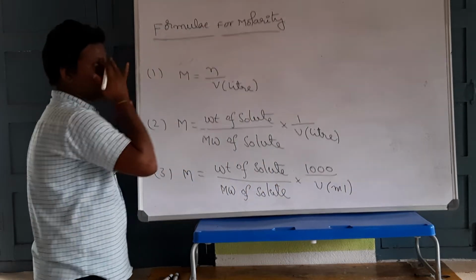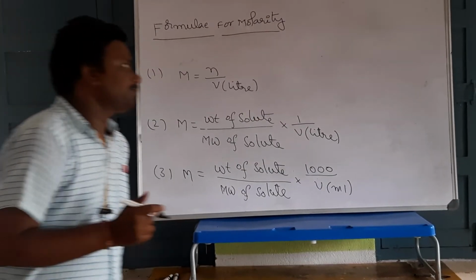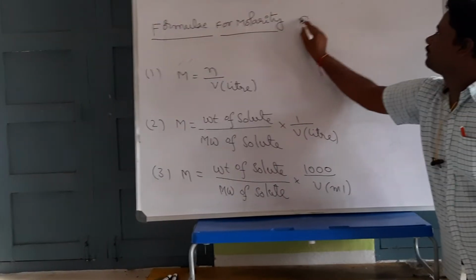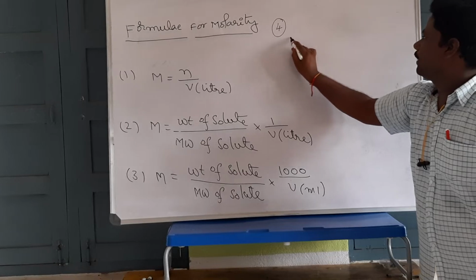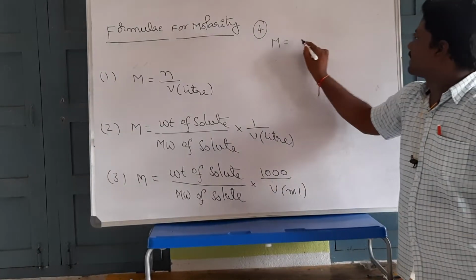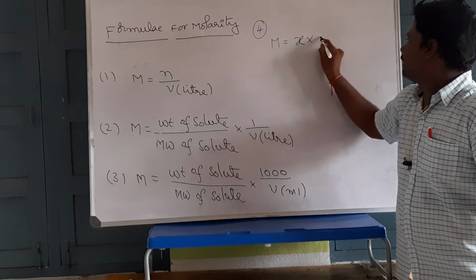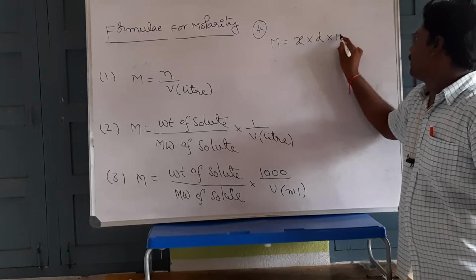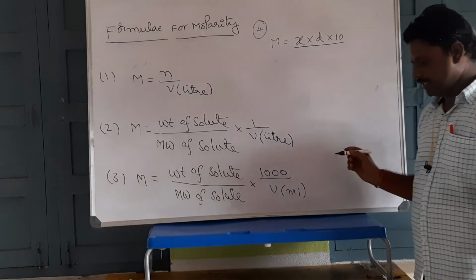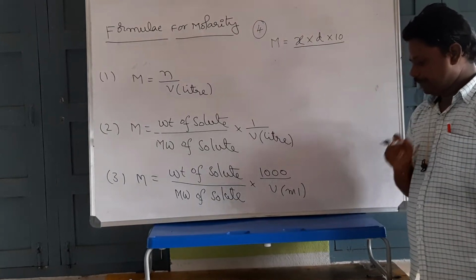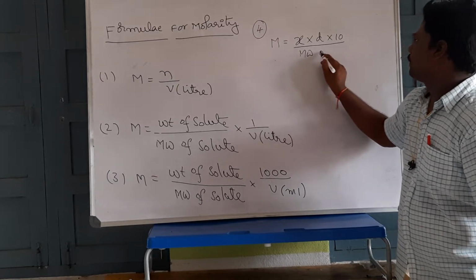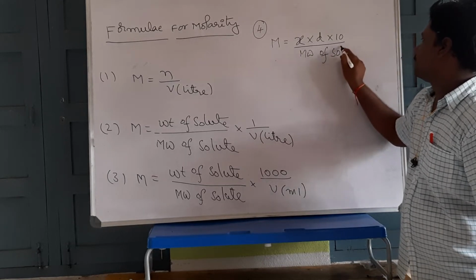Now we are going to discuss the fourth formula. Formula 4. Molarity M is equal to X into density into 10 by molecular weight of solute.